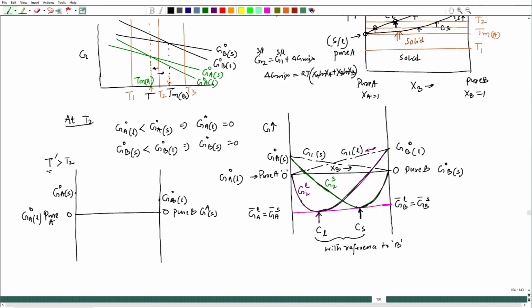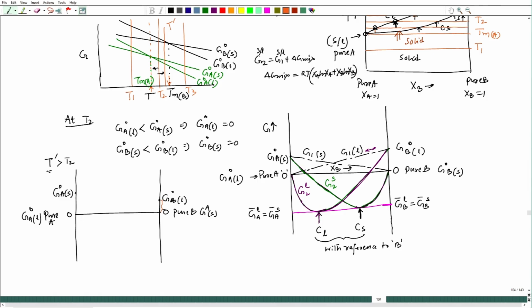Why? If you look at temperature T prime, you see that the gap between solid A and the liquid line is increasing, whereas at T prime the gap between solid and liquid line for B is actually decreasing.